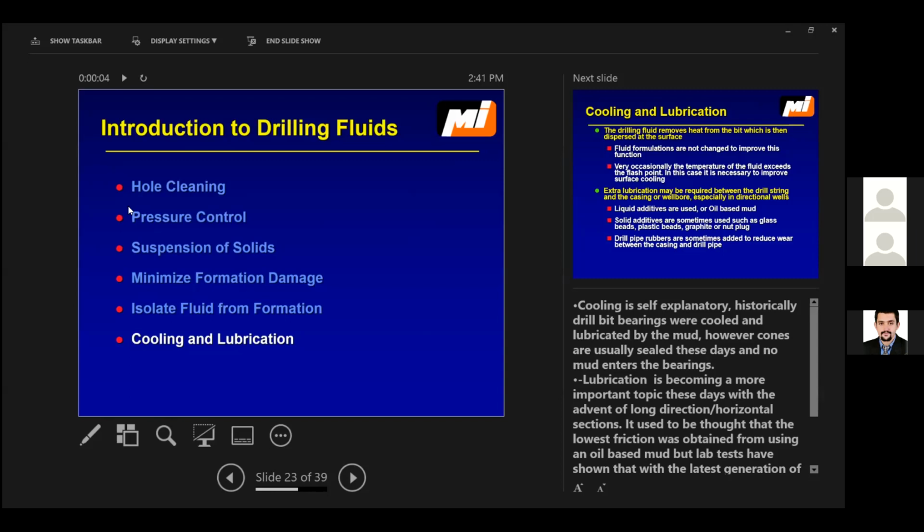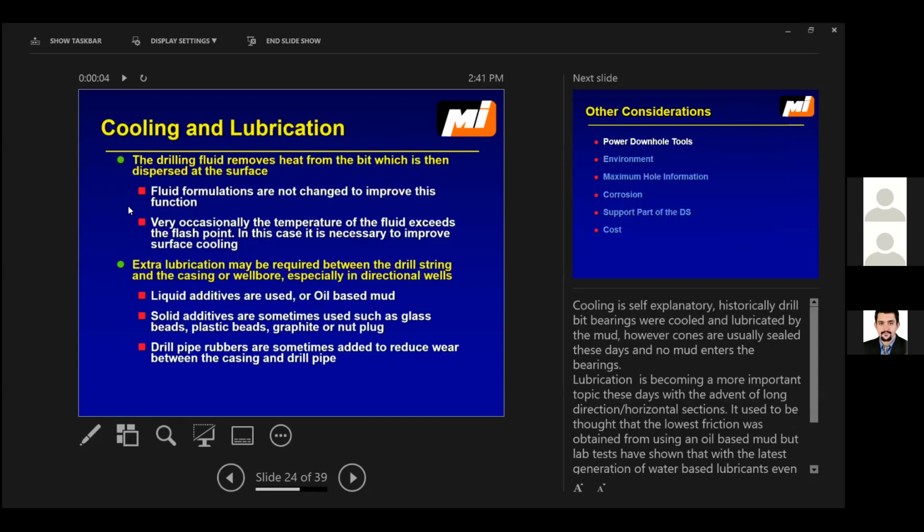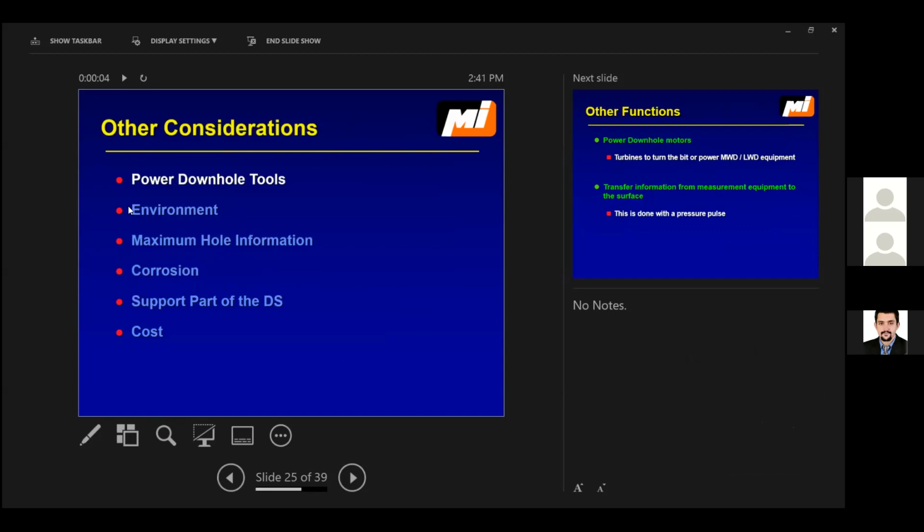For cooling and lubrication, we may use oil-based mud because oil-based mud is more lubricative than water-based mud. How to power downhole tools using the drilling fluids?